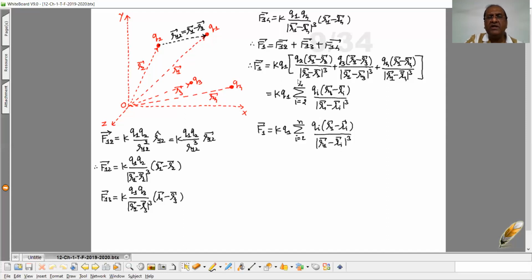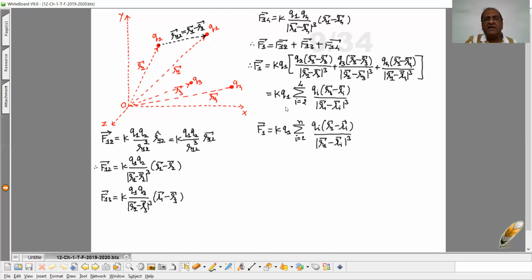So KQ1 into bracket Q2 into R1 minus R2 upon magnitude R1 minus R2 cube, plus Q3 into R1 minus R3 upon magnitude R1 minus R3 cube, plus Q4 into R1 minus R4 upon magnitude R1 minus R4 cube.